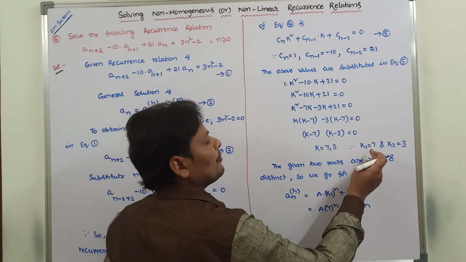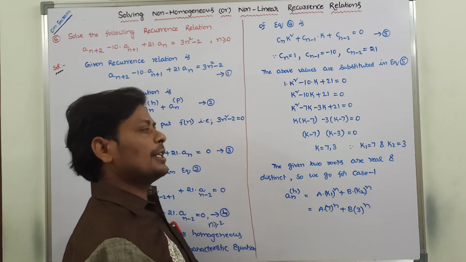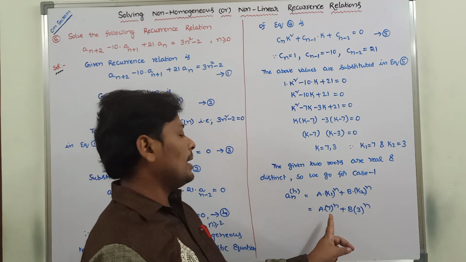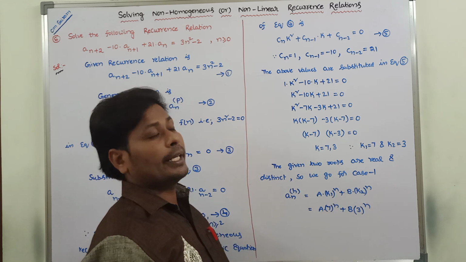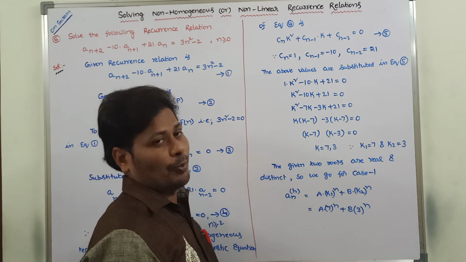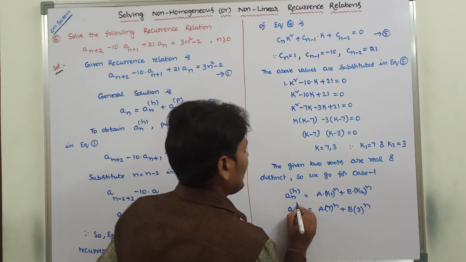There is no problem whenever k1 is equal to 3 and k2 is equal to 7. There is no problem at all. Okay, then here a into 3 power n plus b into 7 power n we are getting, and we are changing these two values. Okay, so this is the a suffix n power h.